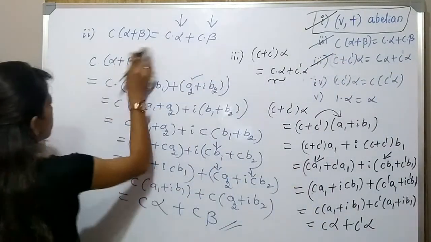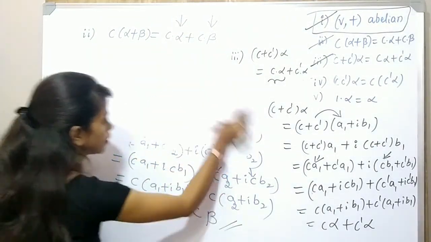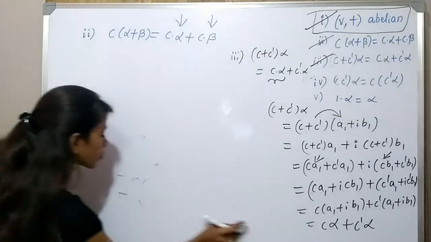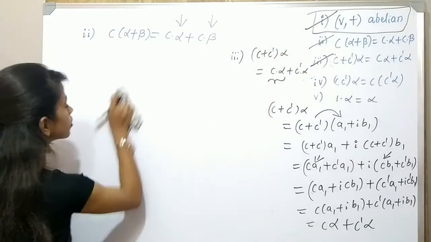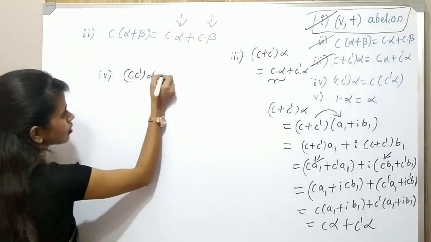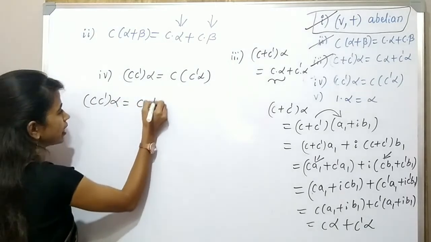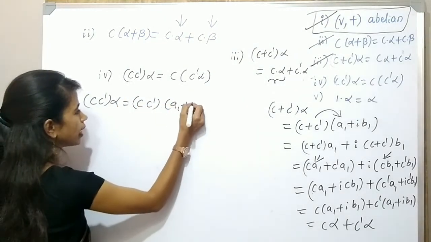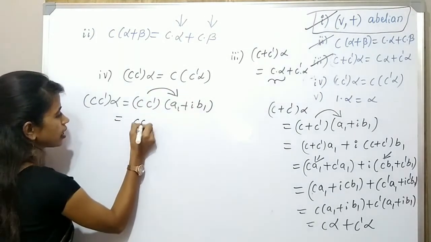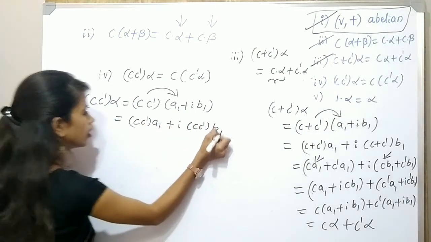Next, fourth condition. So the fourth one: c into c dash alpha is equal to c into c dash alpha, that is, the product taken in either grouping. For that consider c dash alpha. So c dash, what is alpha? A1 plus i B1. Okay. So now multiply within this: c dash A1 plus i into c dash B1.